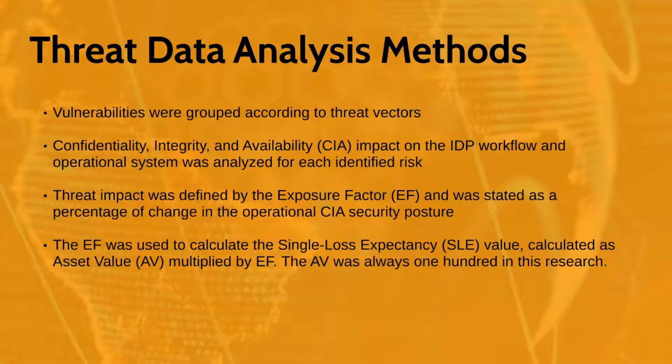The EF provides a construct for quantifying the impact of the threat vector on the operational system. The EF value is a subjective percentage of the operational asset lost due to the impact of the vulnerability. The EF is used to calculate the single loss expectancy, SLE, value, which is calculated as the asset value multiplied by the EF.